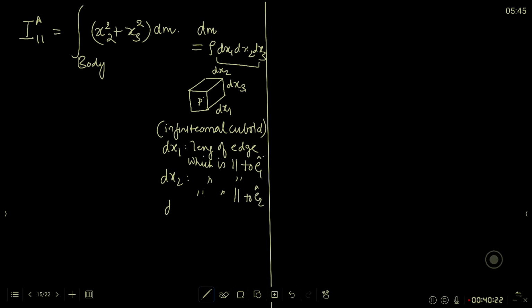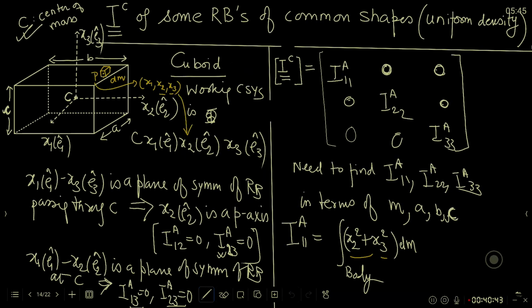Okay, recall E1, E2, E3 are oriented like this. E1 is like this, E2 is like this, and E3 I drew like this on the previous slide. So this small chunk of mass, small cuboid, has its three edges correspondingly parallel to E1, E2 and E3.